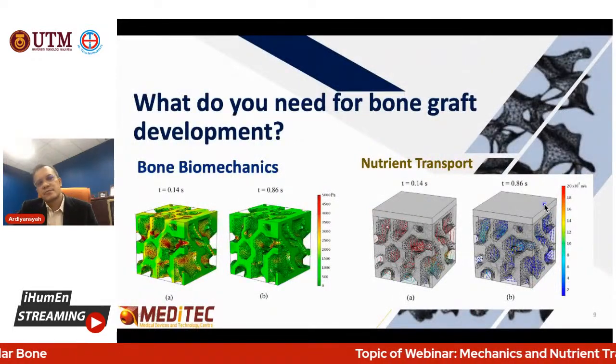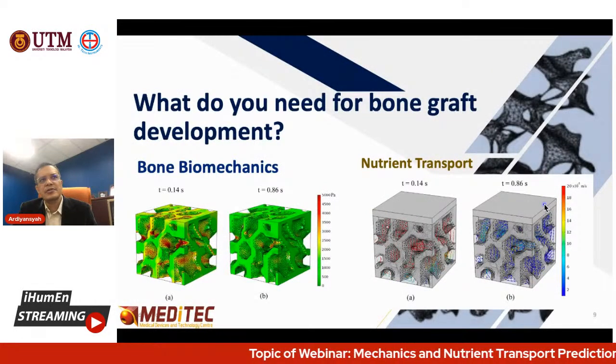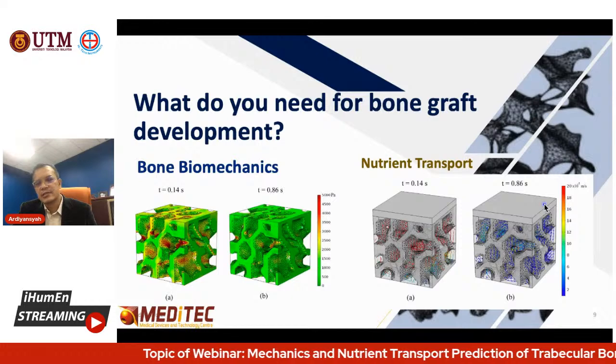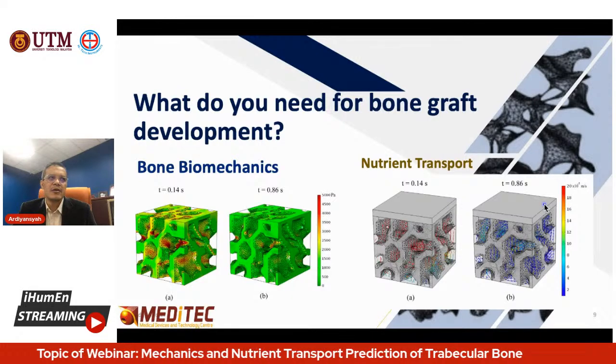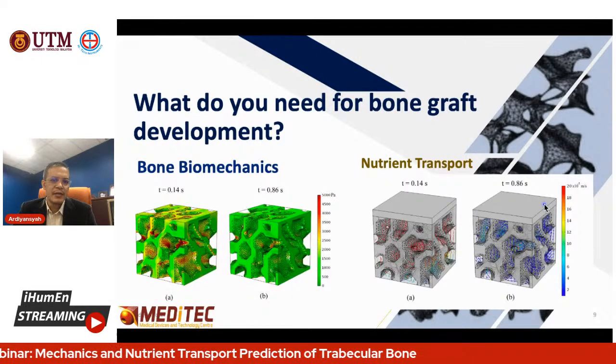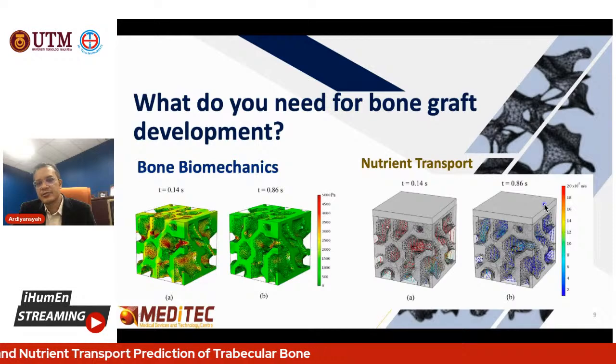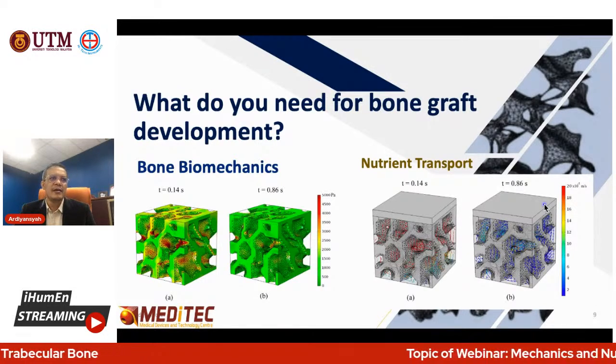Okay, there is a question: what do you need for bone graft development? There are two units. The first is bone mechanics. The other is nutrient transport, or the fluid flow in the cancellous bone.